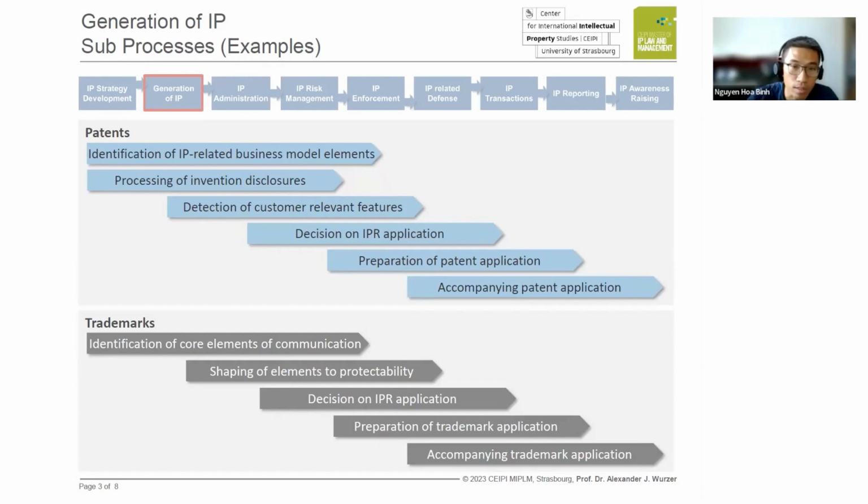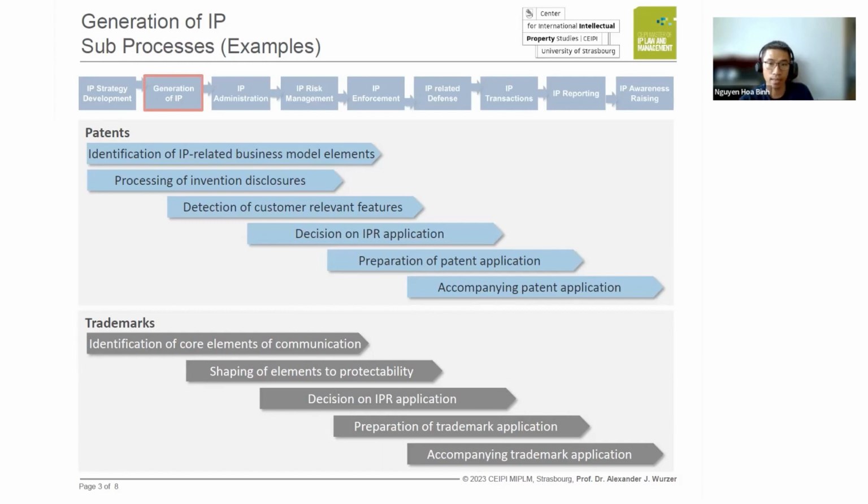Afterward, there is the processing of invention disclosure. This could be internal disclosure, because if it is external, the invention would lose its novelty. So this would be the internal disclosure to the responsible team or department, such as the managing board or R&D team.